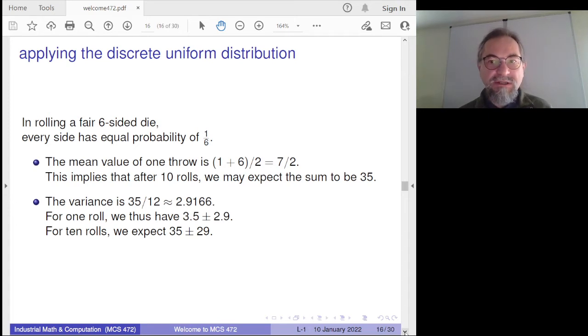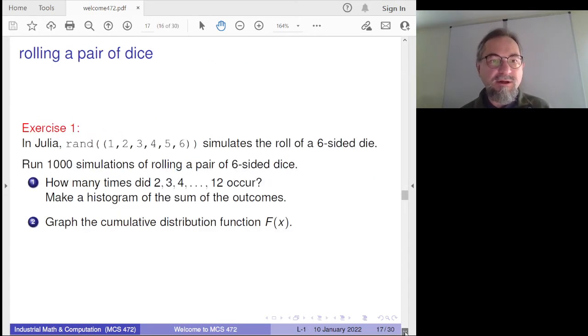So rolling dice, good. So here is our first exercise. So again, often if things are looking quite strange, do an experiment, do a computational experiment.